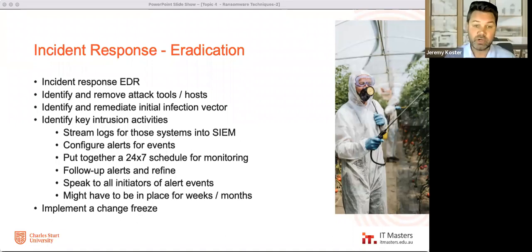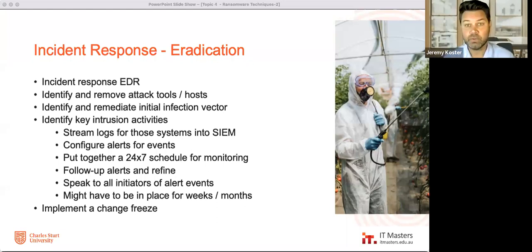So stream those logs from the intrusion systems into your SIEM, and configure event alerts for the events that you've seen. You may have a particular user that was used in an attack, so configure alerts to watch for failed login attempts for that user account. You may have a particular IP address that was used in the attack.